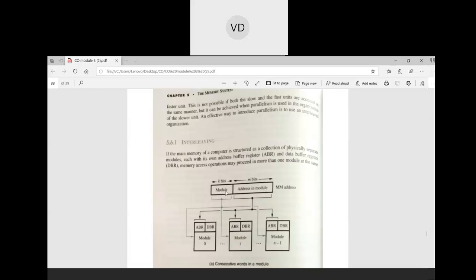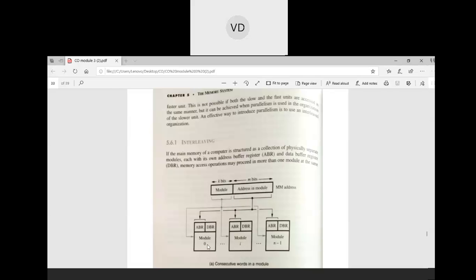Whenever the module number comes first, only one module will be active at that time. 4000 is the starting address, so only the 4000 module will be active. Next, 5000 means I have to change the module number here.